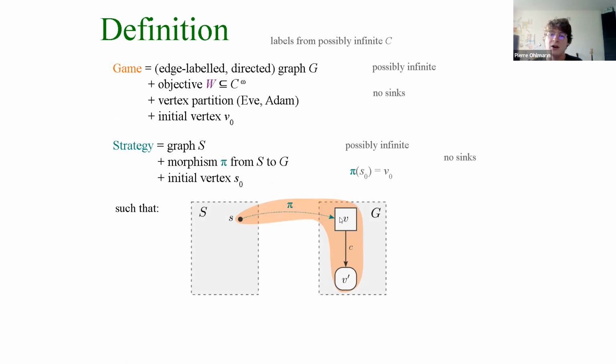Whenever you have an opponent vertex and an outgoing edge, and a strategy vertex that maps to this opponent vertex, then there should be a move corresponding to this edge. So there should be an outgoing edge with the same color that goes to some S prime, which projects on V prime. Okay, that's the definition.